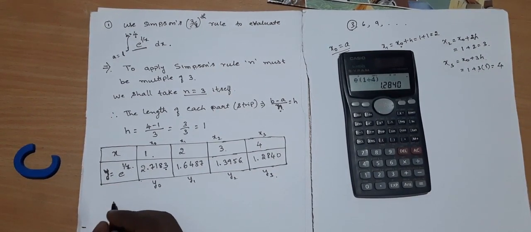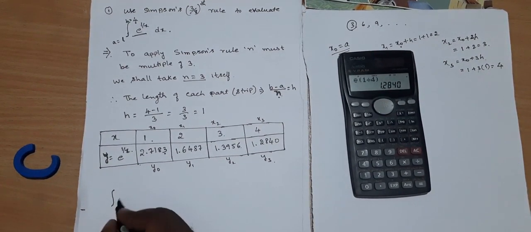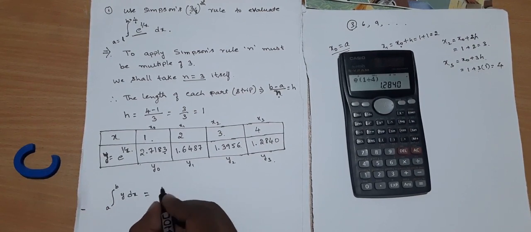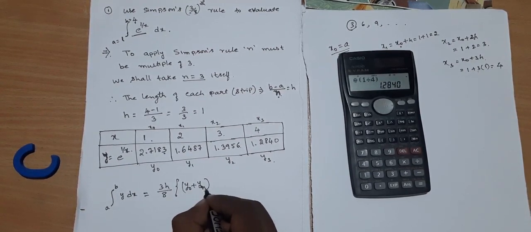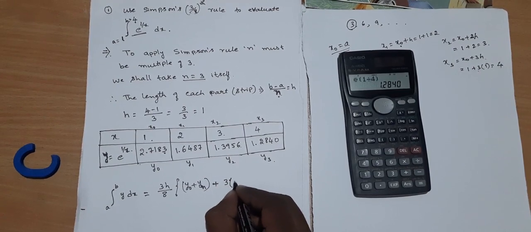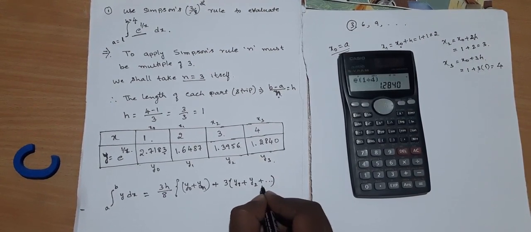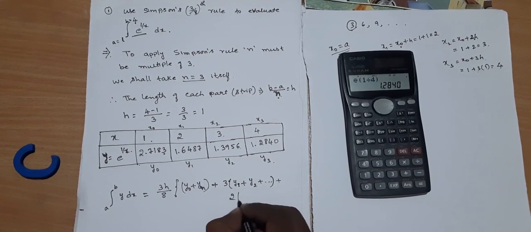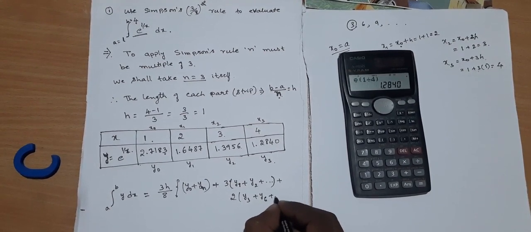Now what is the formula? The integral from a to b of y dx equals 3h by 8 into [y0 plus yn, plus 3 times (y1 plus y2 plus so on), plus 2 times (y3 plus y6 plus so on)].